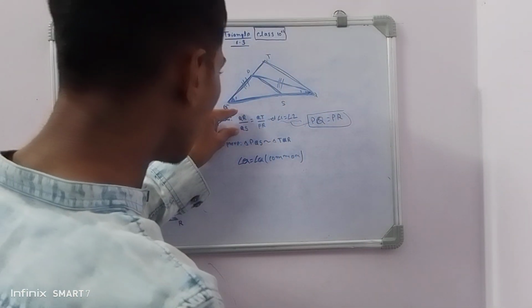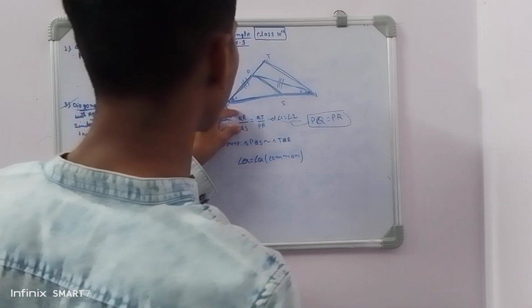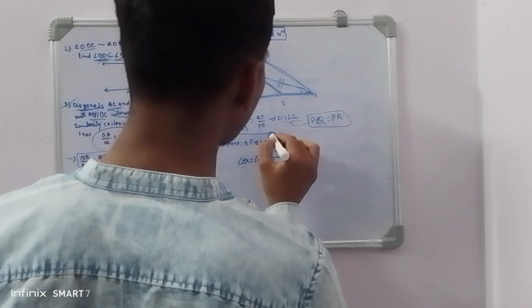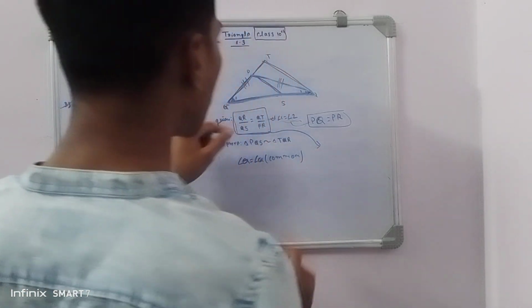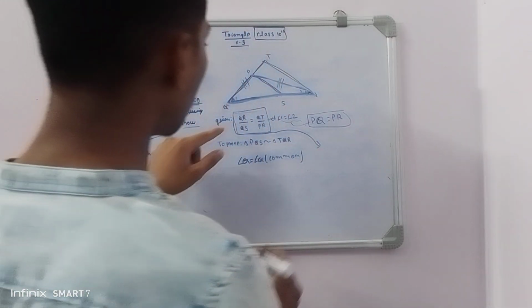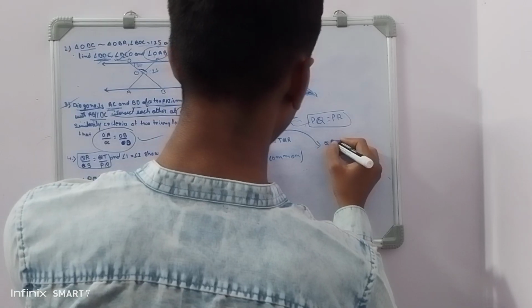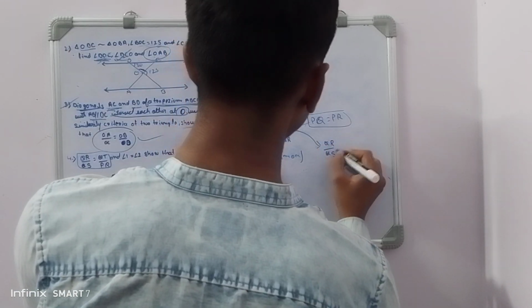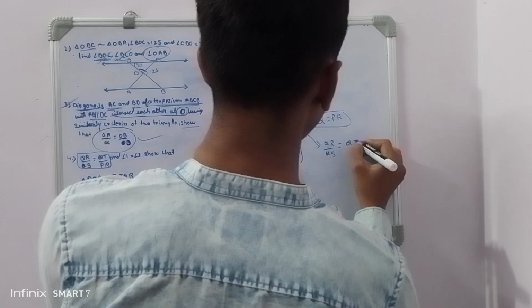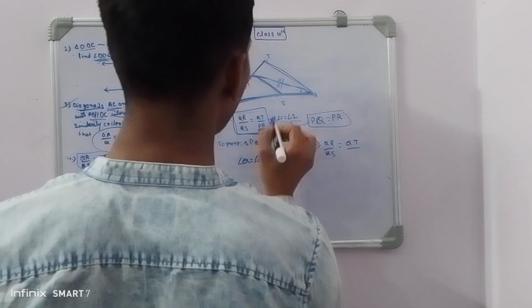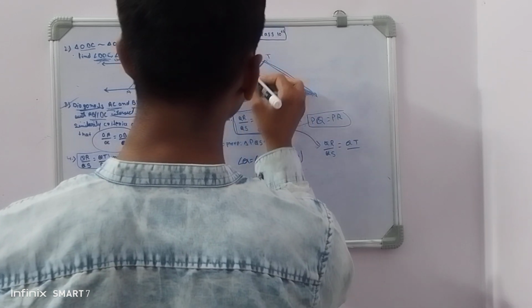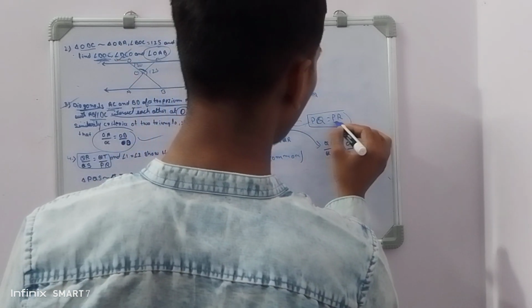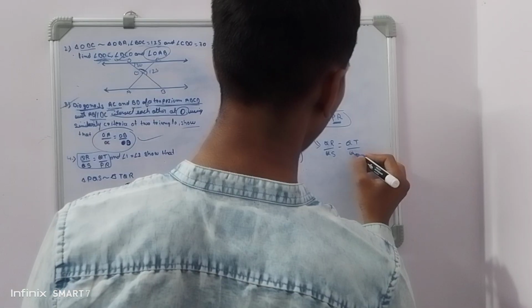But if you look closely and try to understand what this is going to say, and if you know the concept of BPT, then you will understand that we have QR by QS, and QT by PR, and PR is equal to QP. So in place of PR you could write QP.